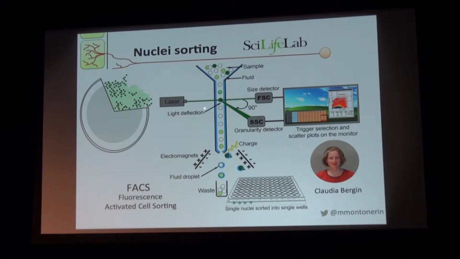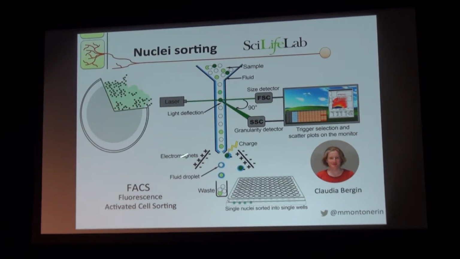There is a laser constantly pointing at the sample, and then we have two detectors, the size detector and the granularity detector, which measures how the light reflects in the particle. Then we get a scatter plot where we can find communities of different things, if they are more stained, bigger, or different things like that. After many trials, we figure out which of these would be our nuclei.